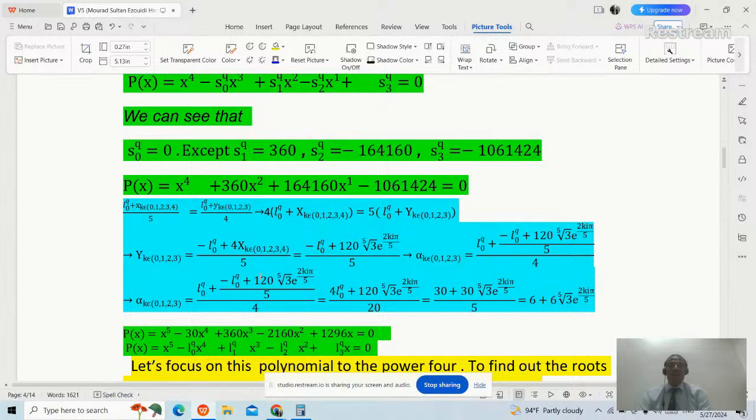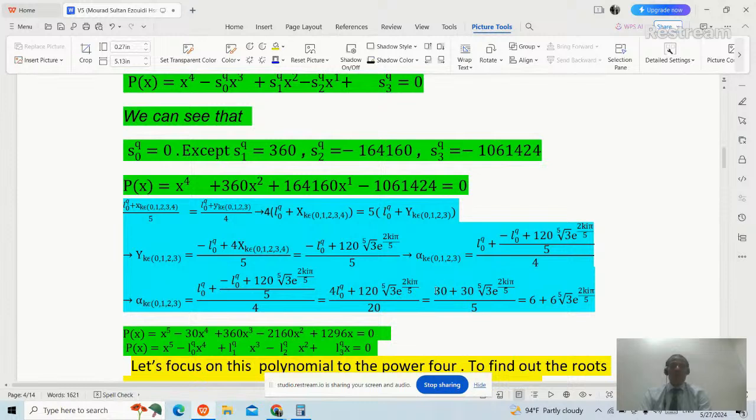And this one, the roots of the polynomial to the power 5 that is derived from the original polynomial, means we raise it by just one extra x. So this one will be 4 L0 for the cube plus 120 times the fifth root of 3 exponential 2kiπ over 5, all divided by 20. There is a common factor of 4 here and here. I'll simplify.